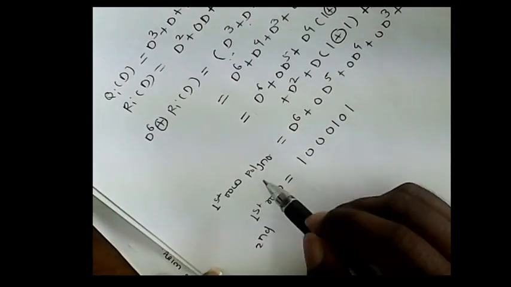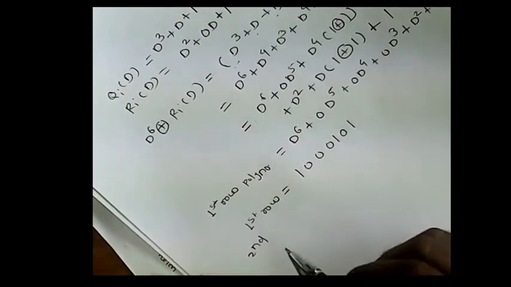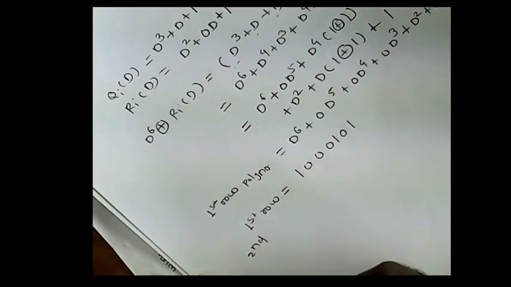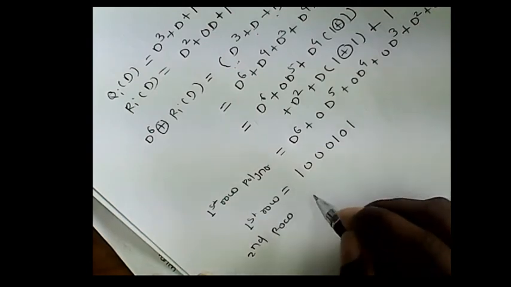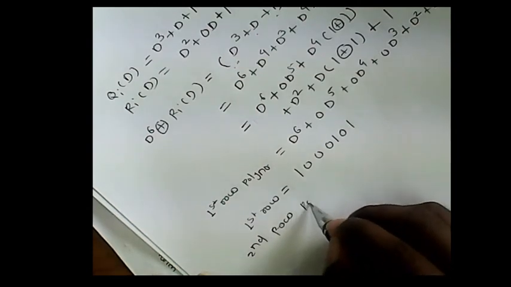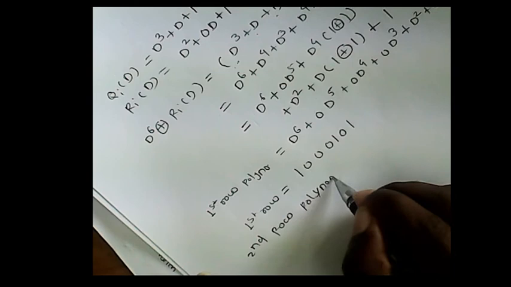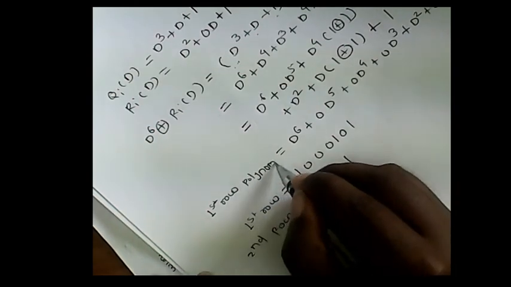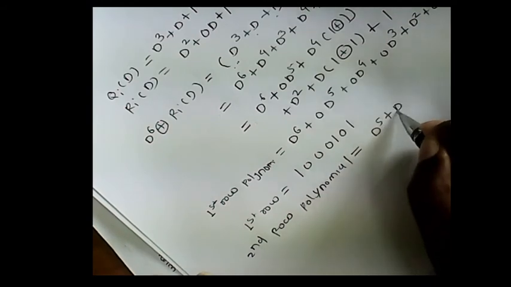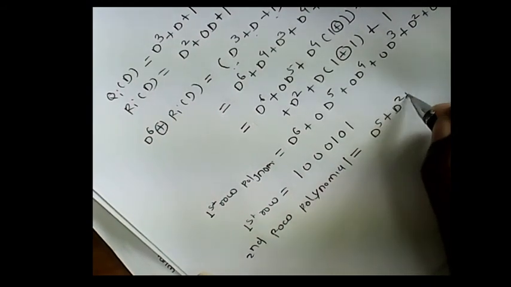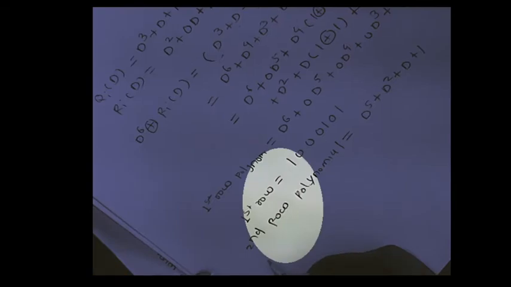You can use this procedure to find out the second row of the polynomial, third row of the polynomial, and fourth row of the polynomial. The second row of the polynomial we get is d raised to power 5, d square, d plus 1.